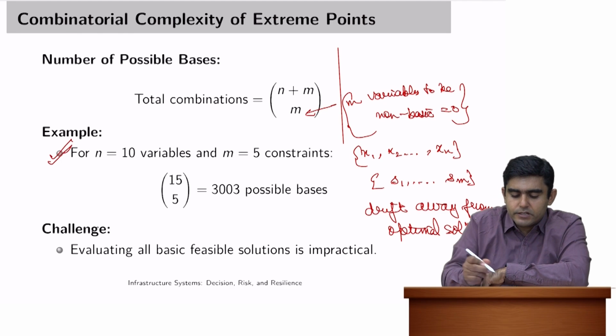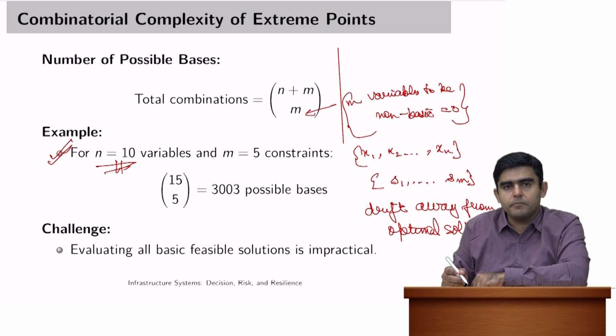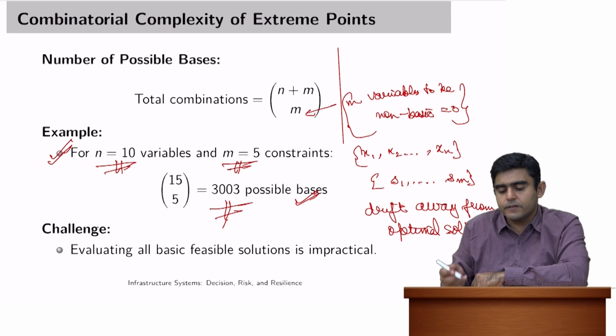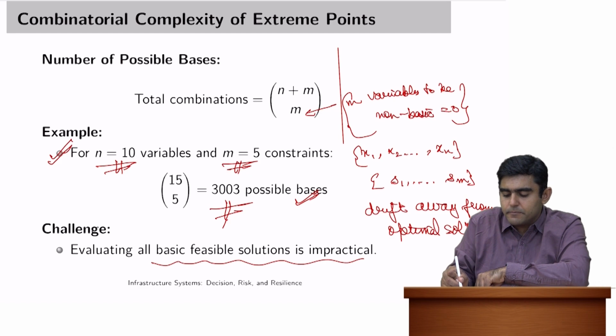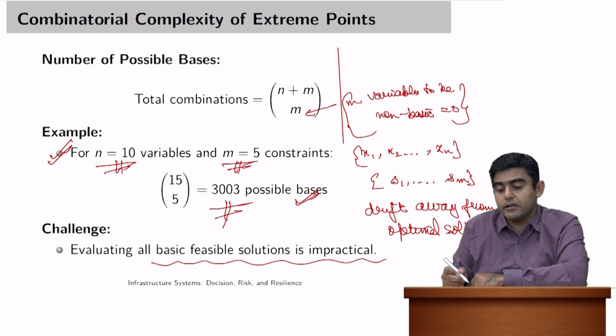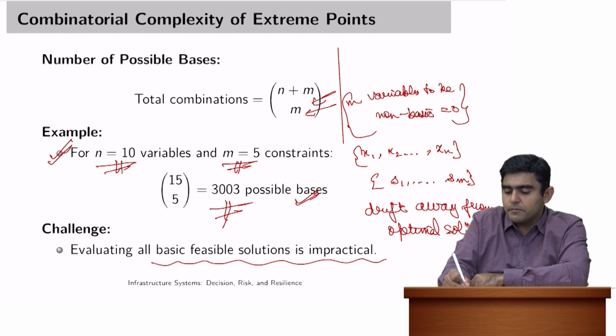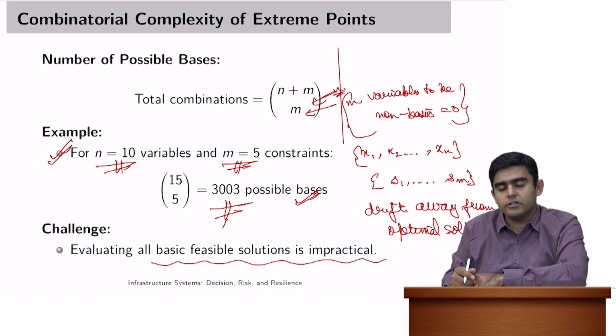For example, even for such a simple case, when we are dealing with 10 variables and m equal to 5 constraints, we are looking at more than 3000 possibilities to have the basis or forcefully non-zero variables. So evaluating all basic feasible solutions is indeed impractical, because if you have n plus m variables, you have to force some n variables to 0 so that you have m number of non-zero solutions available to you.